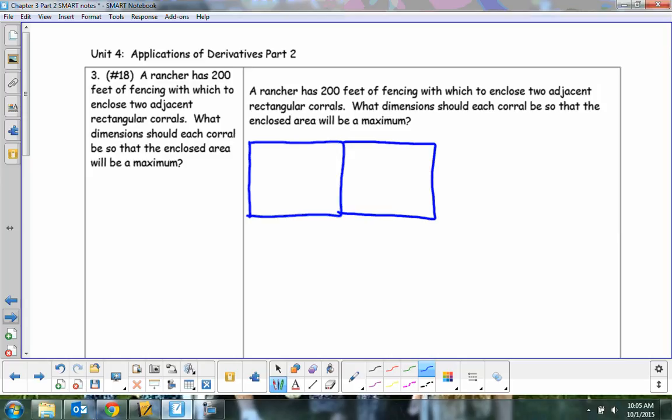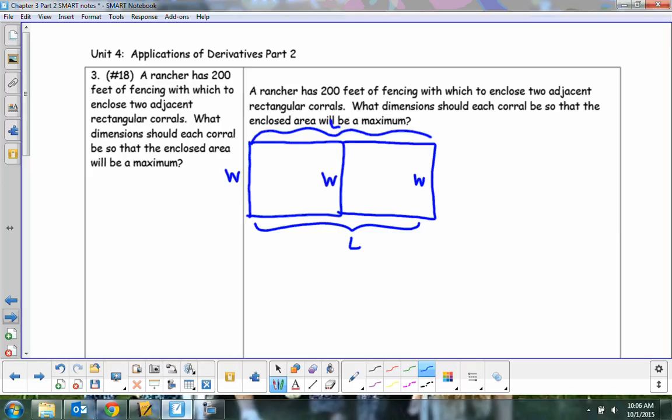Length and width. So, what's this guy? The length? And this would be the width? Yeah? Okay, keep going.